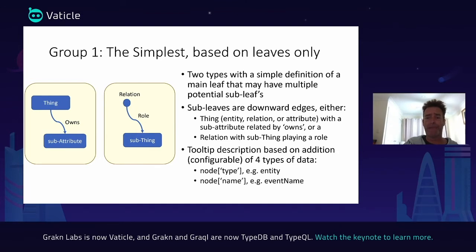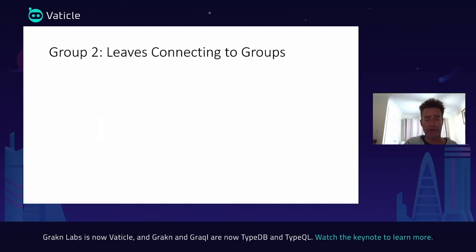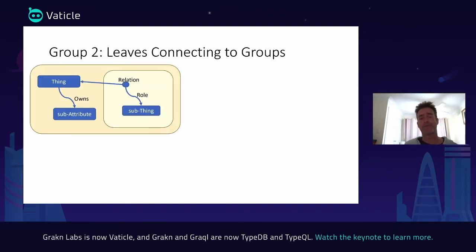And essentially when you look at group 2, that's really where I've got a nested group. So in this, I've got a thing that owns a sub attribute, and that's linked by some upward edge to a relationship that has a role, and that's been previously grouped.